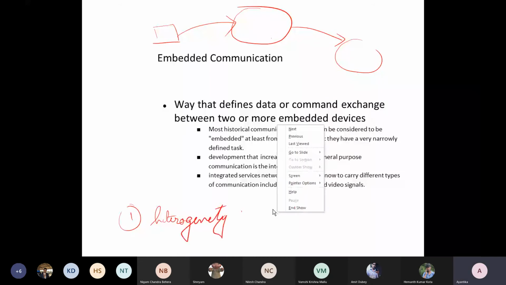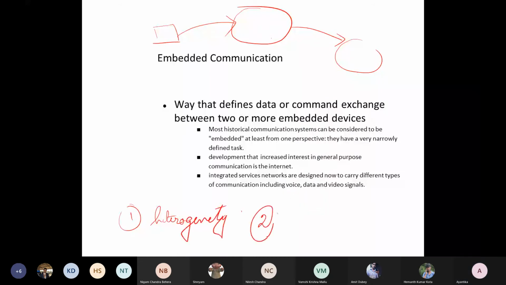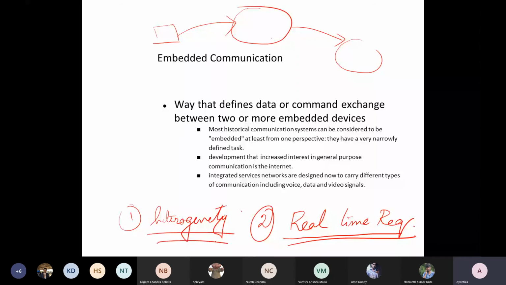And the second problem is the real-time requirement. From next day onward, we will first focus on this real-time requirement and how it is affecting embedded communication, and then we will talk about heterogeneity in different applications, how different protocols are getting used, and what is the purpose of them.